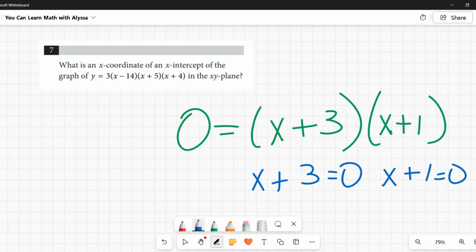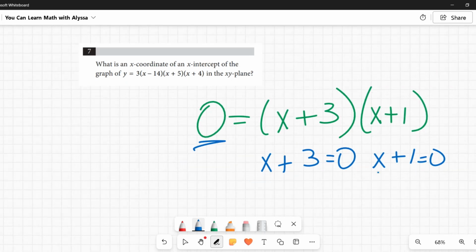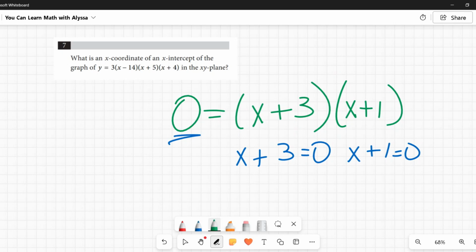Because when they multiply together, they get 0, so one of them has got to be 0. And then you're going to solve for each one. You subtract, in this case, a 3 from both sides, and you have x equals negative 3. And this one, you subtract 1 from both sides, and you get x equals negative 1.